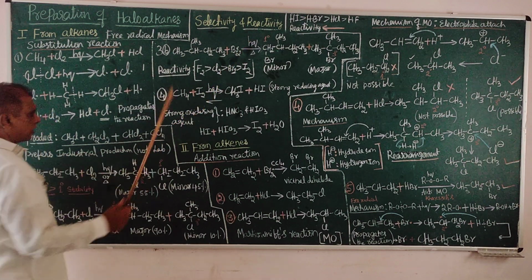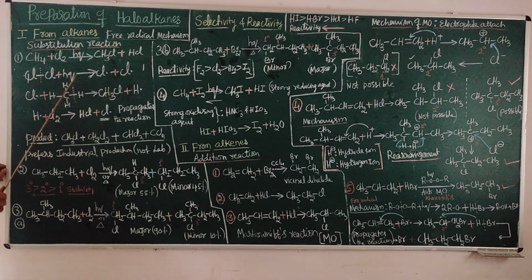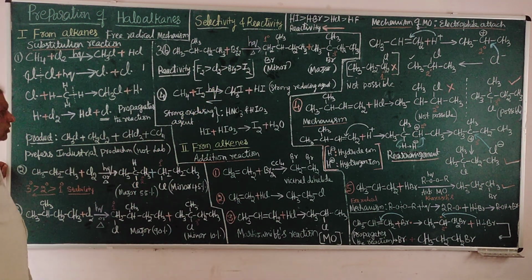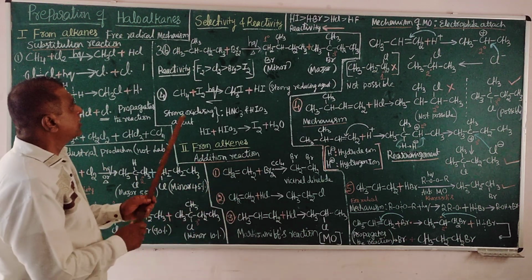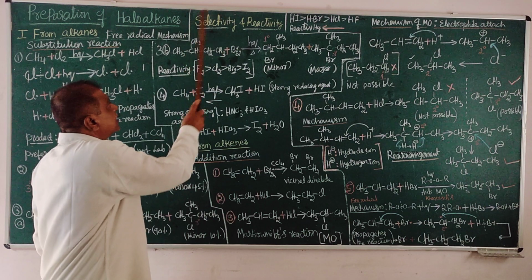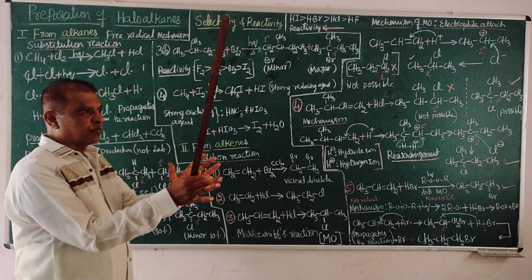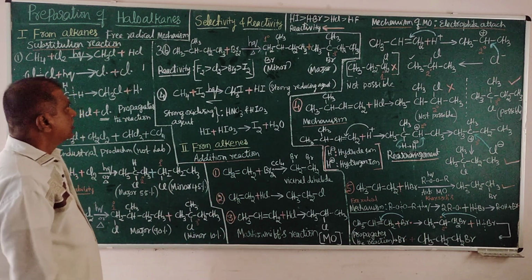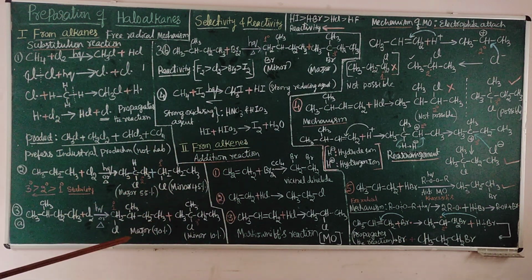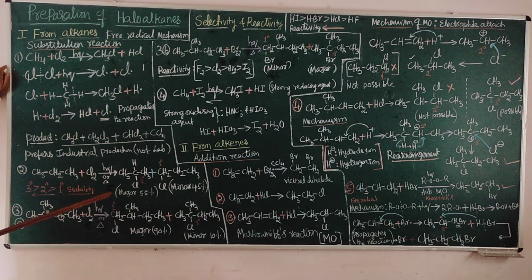Reactivity depends on reactivity of the other agent. So this is most important in organic reactions. We see in most of the reactions, this will define which is the actual end point, major product and minor product. So that is about the preparation of halogen derivatives, chlorine and bromine, like this, from higher hydrocarbons.